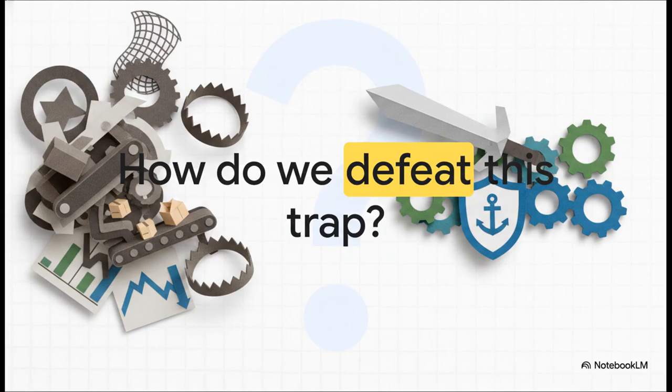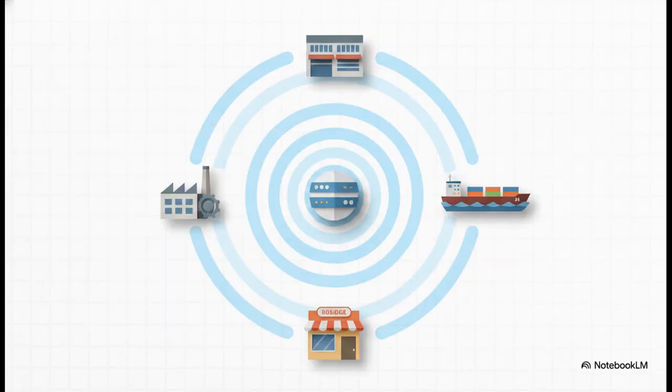So that begs the big question, right? How do we defeat this trap? How on earth do businesses overcome this massive distortion before it completely wrecks their inventory and literally costs them millions of dollars? Well, the ultimate weapon against the bullwhip effect is real-time information sharing, specifically using enterprise resource planning, or ERP, systems.